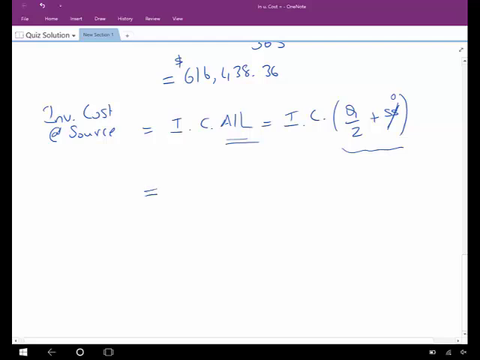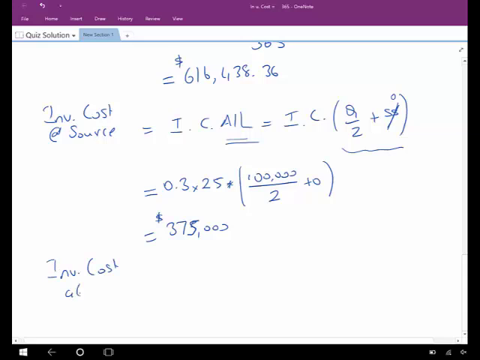So in this case, I is 0.3, C is 25. If you ship with the rail, you ship 100,000 pounds, and that cost is 375,000.